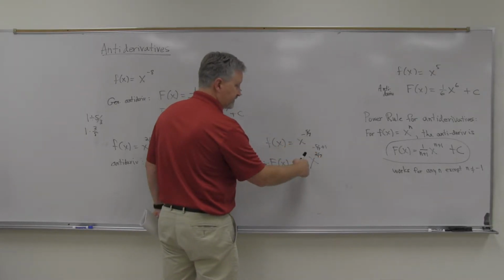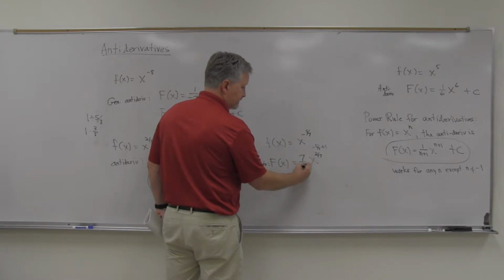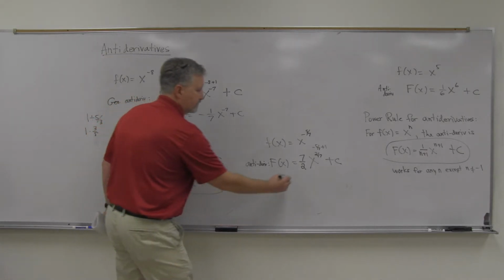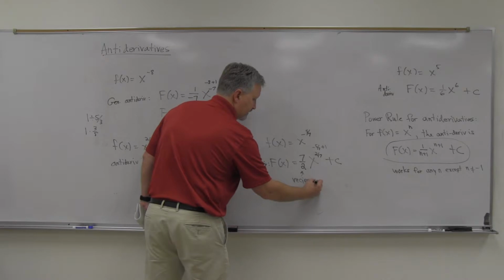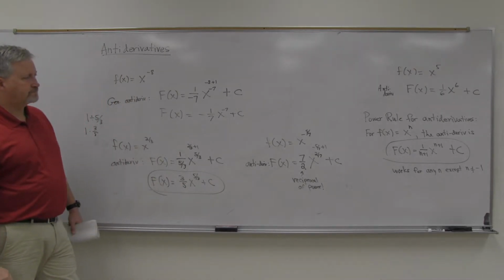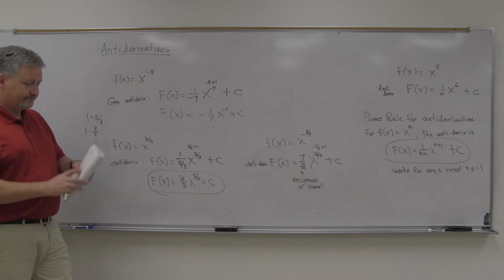But up front, we're dividing by that, so it actually turns into the reciprocal, 7/2. And then plus c. Just jump right to the reciprocal there. Is that okay?